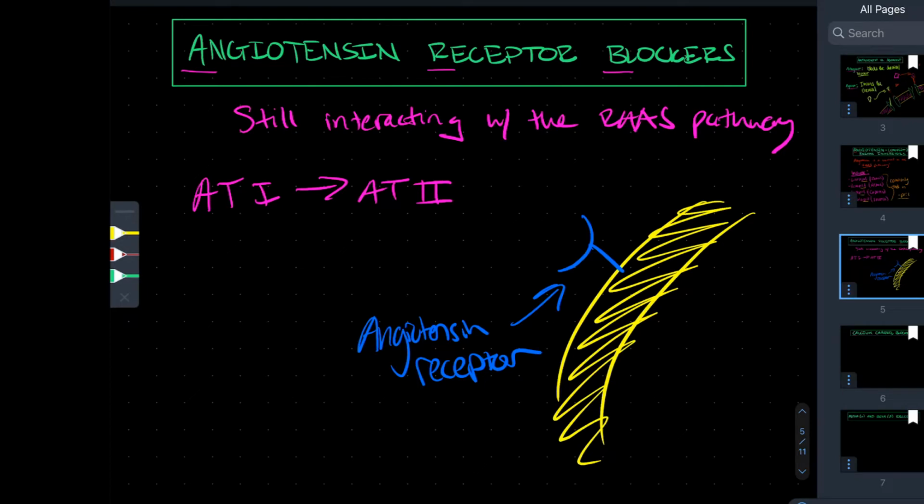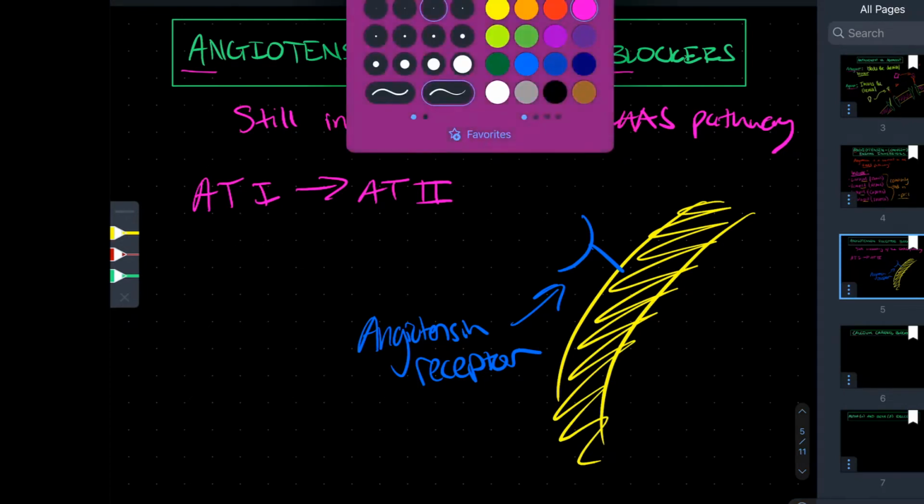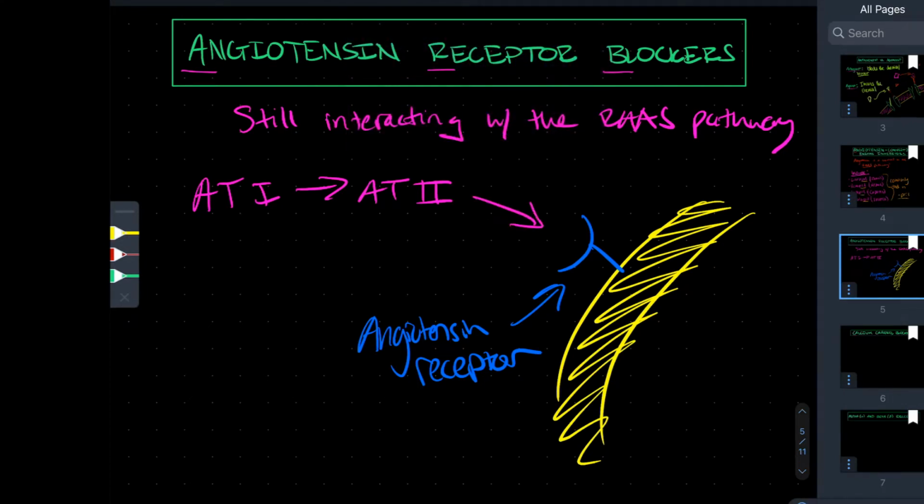So normally angiotensin 2 would come in here and boom, and then once it's linked to the cell or the receptor, you can produce the effects, the various mechanisms to increase blood pressure.